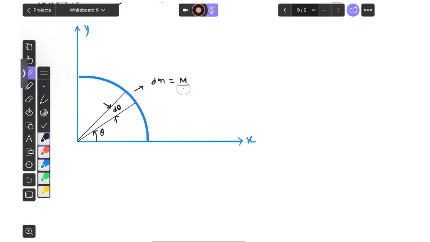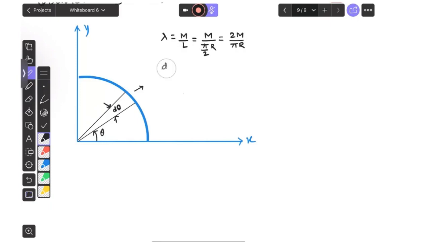Somehow we'll find dm, the mass of this differential element. Total mass is m, length is l. Here lambda will be mass by total length. And total length, since we have a quarter ring now, will be pi by 2 r. So the lambda here is 2m by pi r, correct?